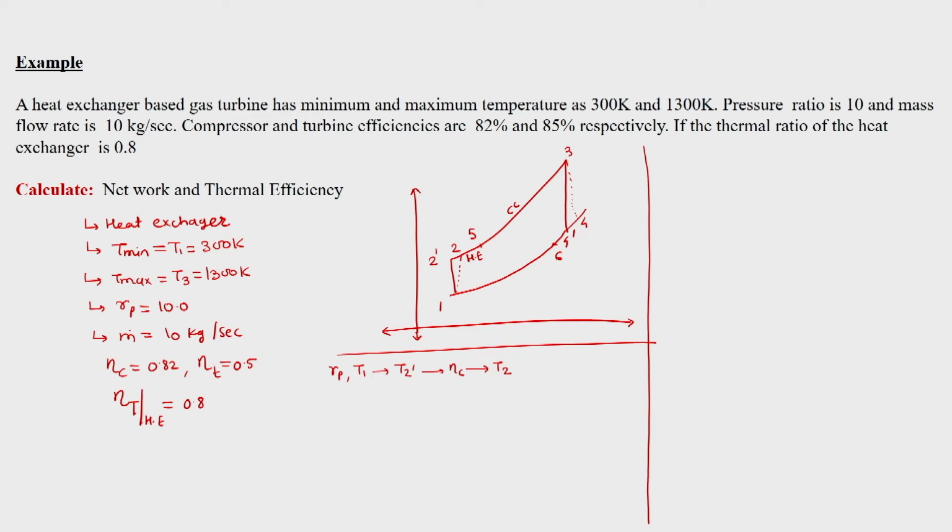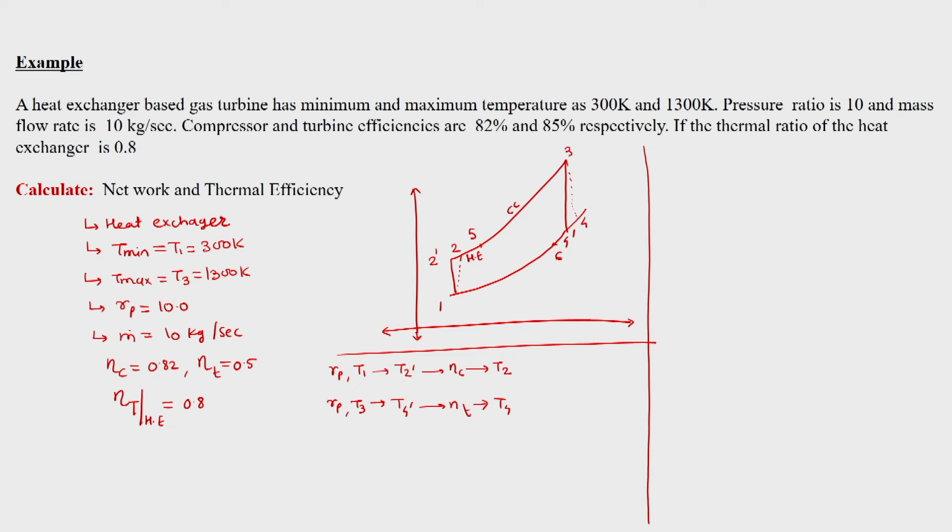Then we can parallelly do it for the turbine. So, we know Rp for the turbine, we know T3 which is the maximum temperature of the cycle, and then using the isentropic relation we can find out T4 dash. So, T4 dash is known to us now. Then we can use the turbine efficiency to find out T4.